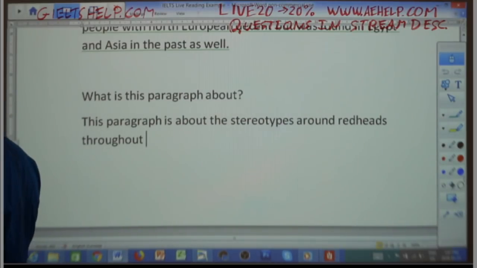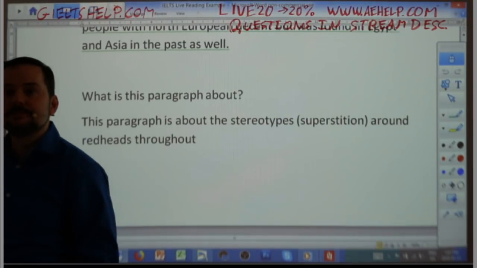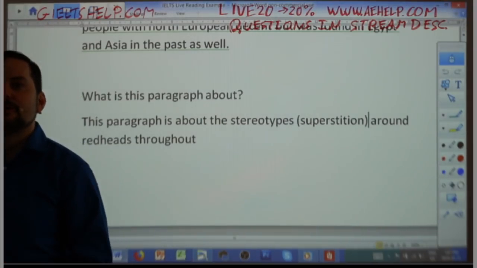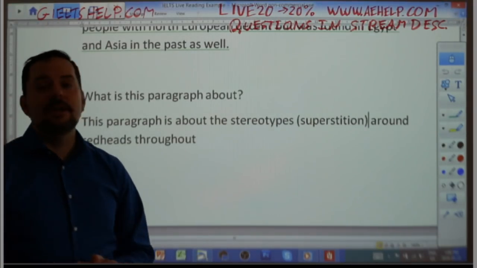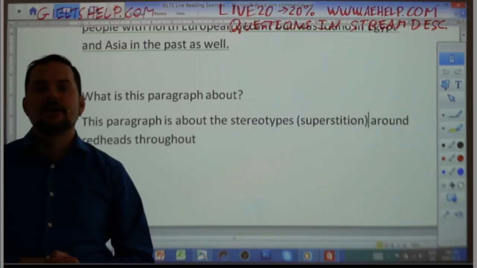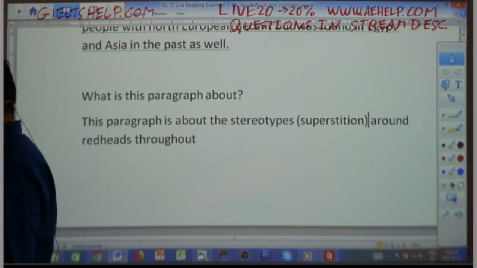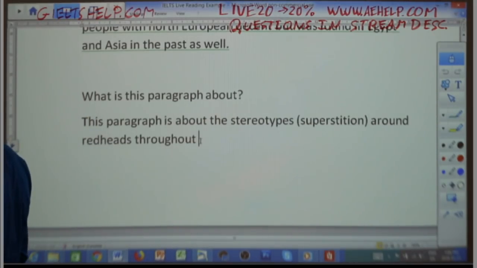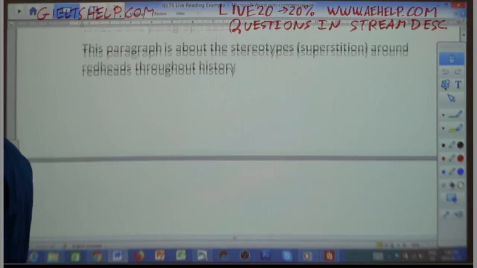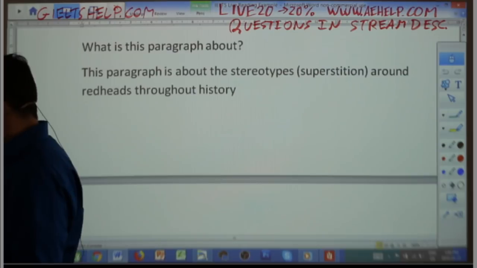So absolutely, stereotypes or superstition is a good word as well here. Throughout what? Throughout the world. Yeah, we get a little bit of regional, but not so much. Throughout history. That's right, Raya. So it tells us about stereotypes of past and present, right? So, okay.